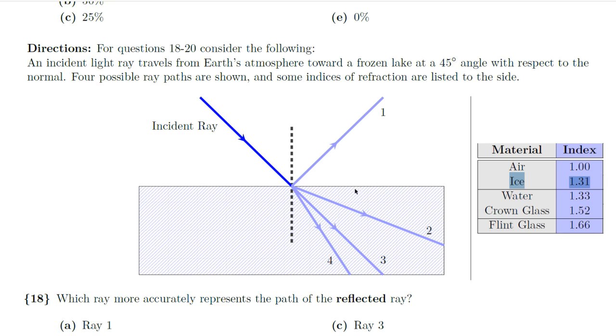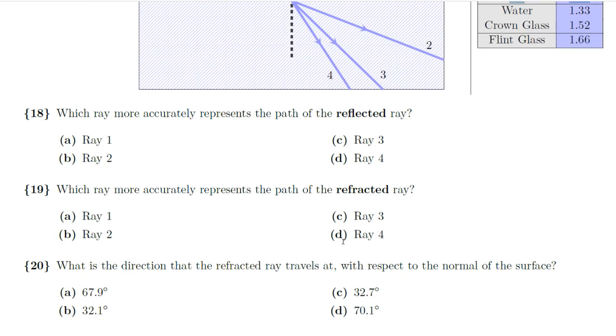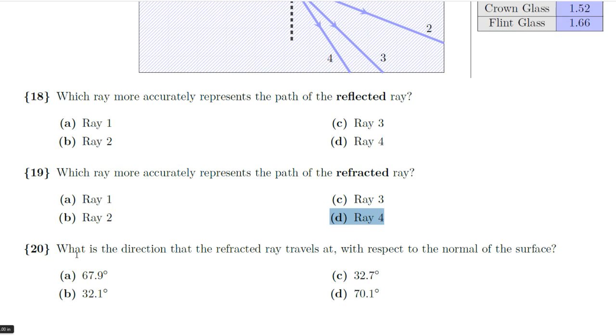So you're going from a low index of refraction, where the incident ray is, towards a high index of refraction. And you should know conceptually that the light bends towards the normal. In other words, from ray 3, which is where it would have gone without bending, it bends towards the normal, to where ray 4 is, roughly. So the answer for that is D, ray 4. Even if you did forget that conceptually, the next question is definitely going to assure you that it's going to be ray 4.